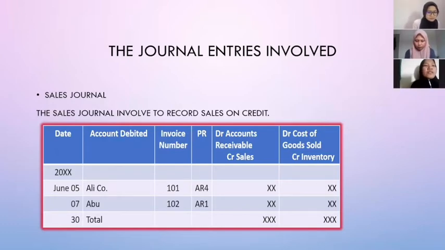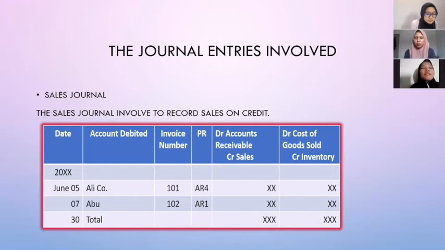Firstly, the sales journal. The sales journal is used to record all credit sales. The term sales itself refers to the sale of goods in which the business normally deals. When credit sales are incurred, the sales invoice will be issued by the company.